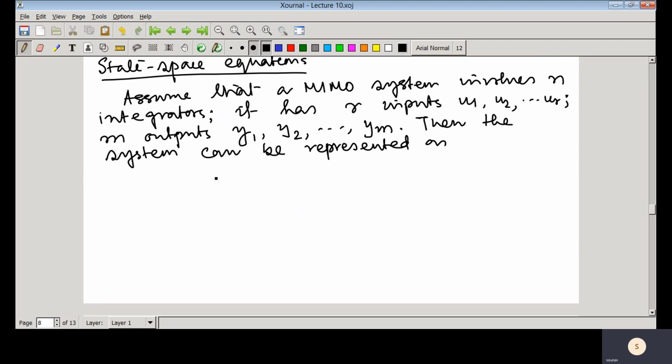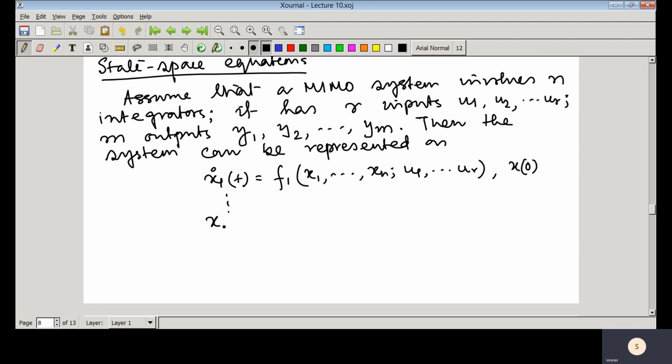First I'll write the state equation, that is x1 dot t equal to a function which is again a function of n number of states as well as r number of inputs, and you have the initial condition.